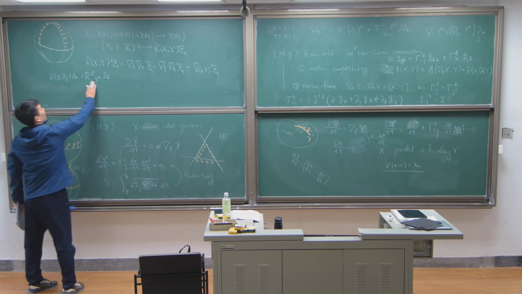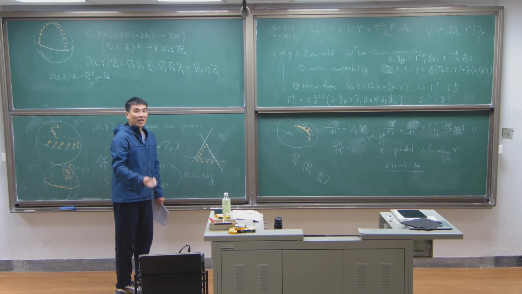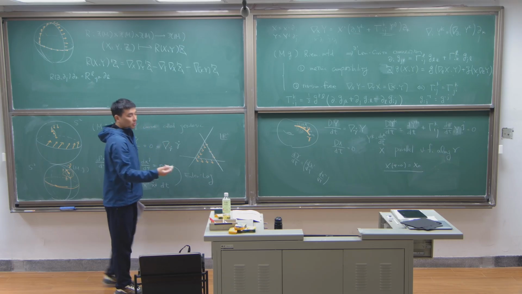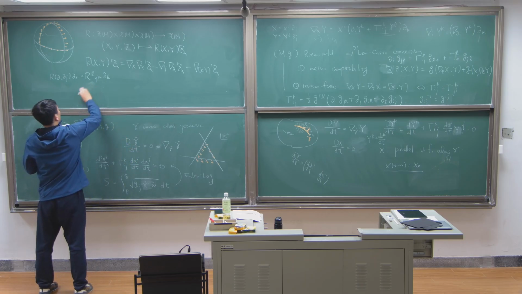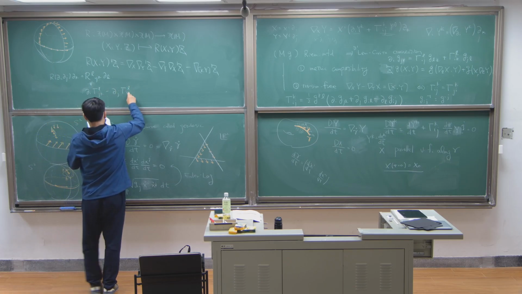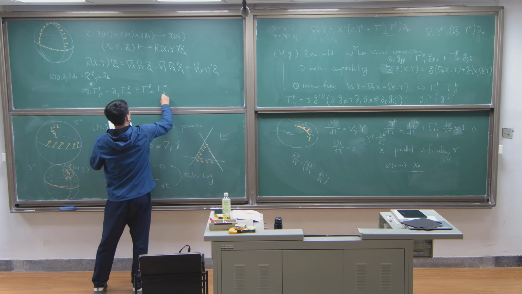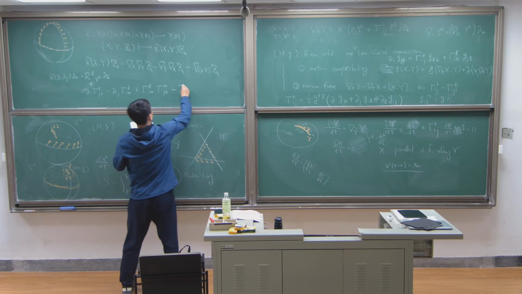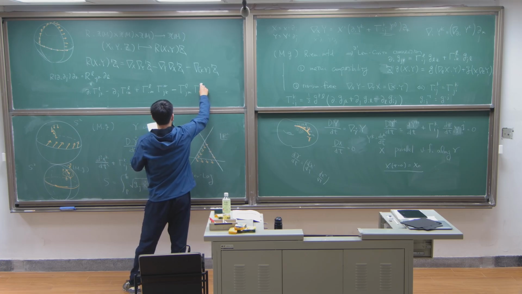And then if you write it like this, since the nabla, the local connection or covariant derivative, can always be written in terms of the Christoffel symbol, this one can be written like this.